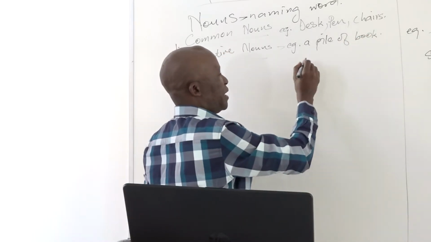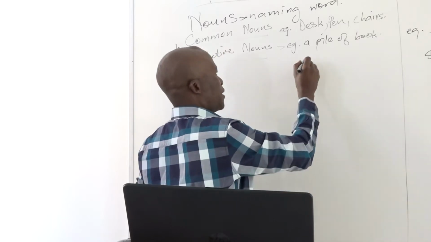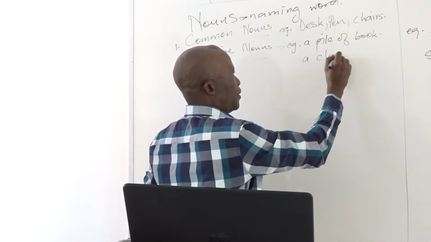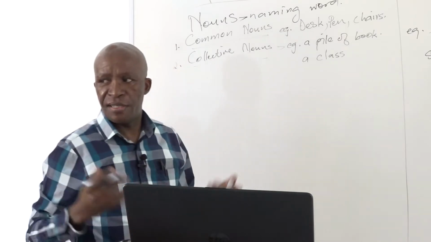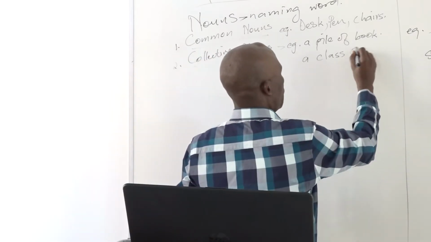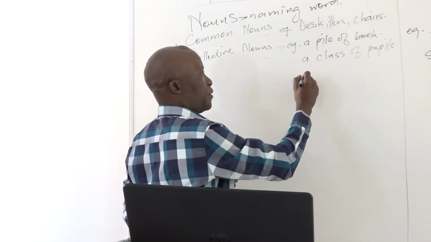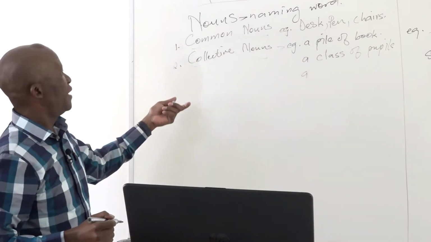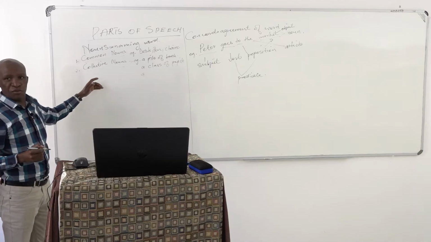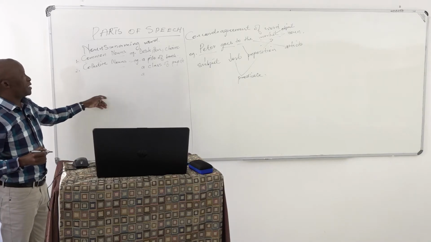Another example that we can use, we can say a class of people. A group of people clustered together is a class. Understand this is a new thing too, but we will further look into your textbook after the end of the lesson to read further.